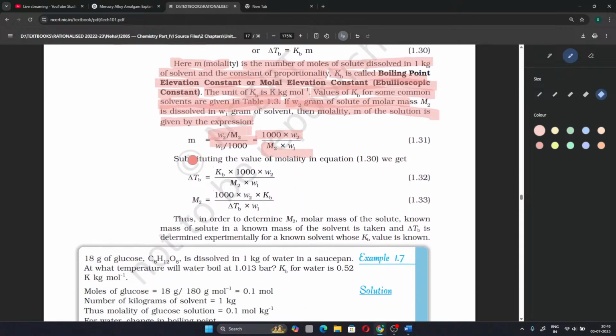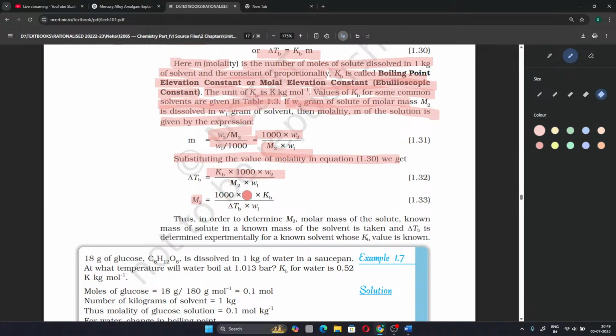Substituting the value of molarity in equation 1.30, we get Kb times 1000 times W2 by M2 times W1, where we took 1000 because it is in grams. We don't need to take 1000 if it is in kgs, but in case of grams we take it as 1000.